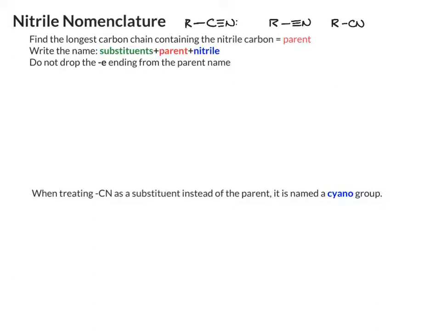So let's do this by walking through an example. Let's say we want to name this compound here. The first thing we want to do is find our parent chain, which is the longest continuous carbon chain that contains the carbon of the nitrile.